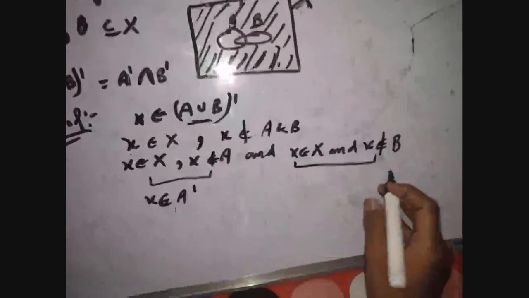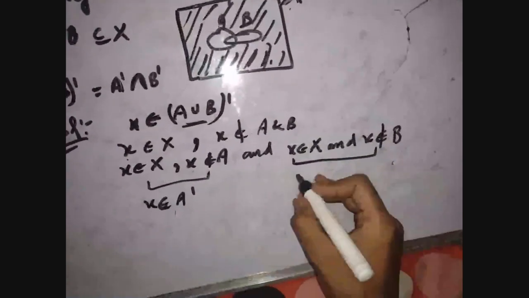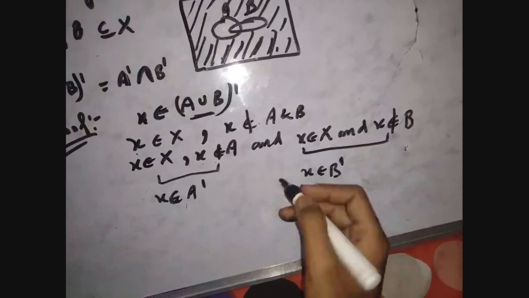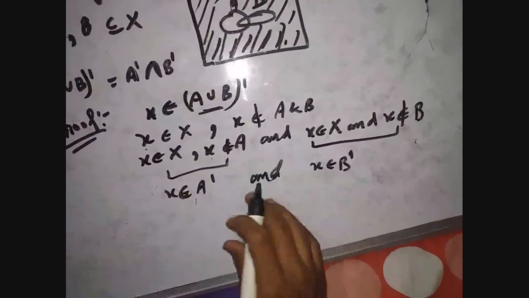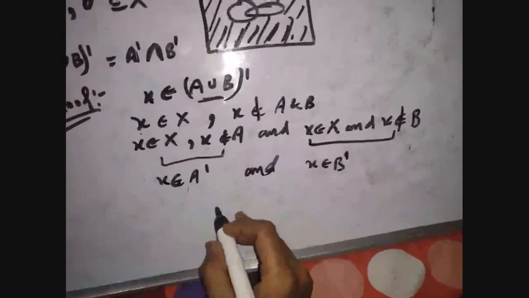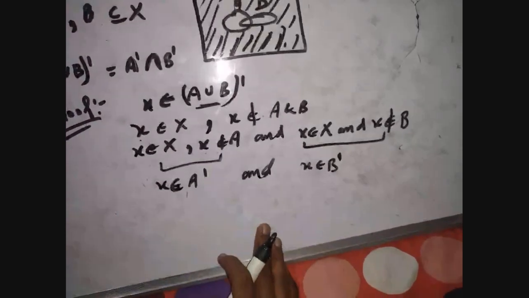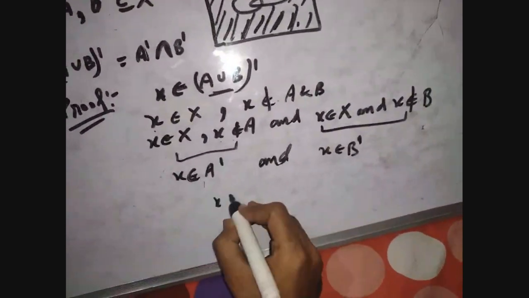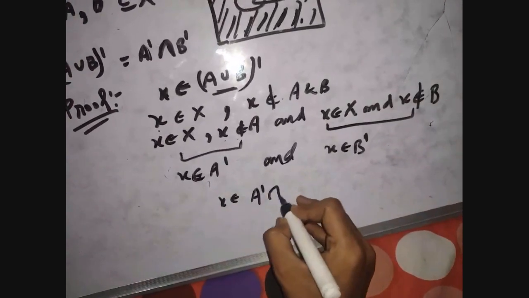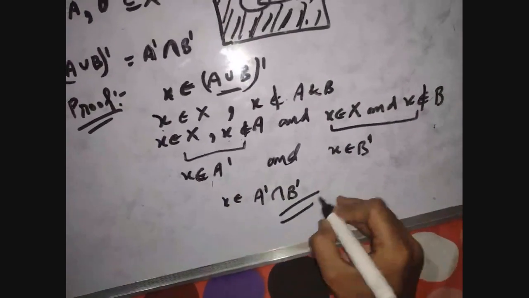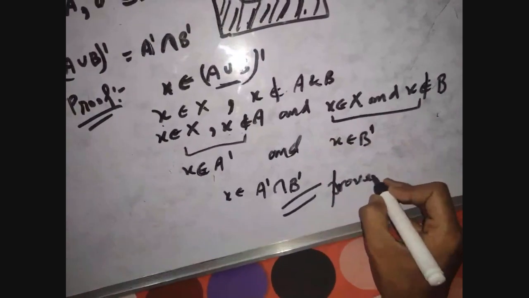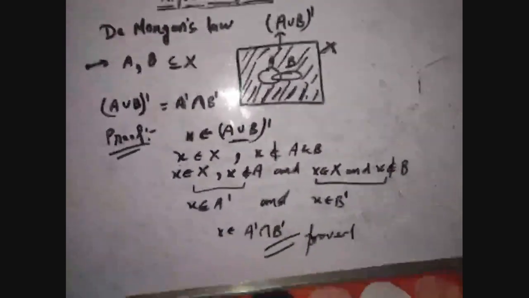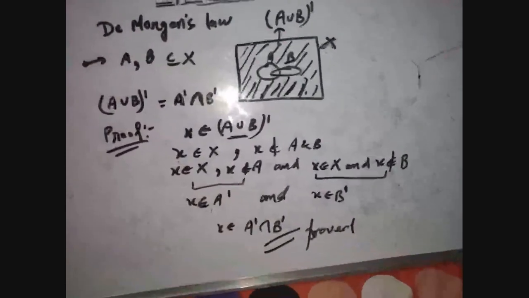From these two statements we can conclude that x belongs to B complement too, and because they are connected by the logical connective AND, and as we learned, AND is equivalent to intersection, we can say that x belongs to A complement intersection B complement. So that's how we can prove De Morgan's law. I think it is quite easy.